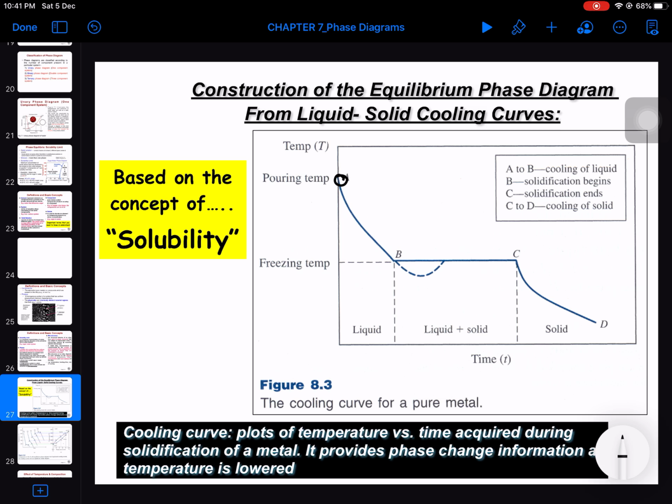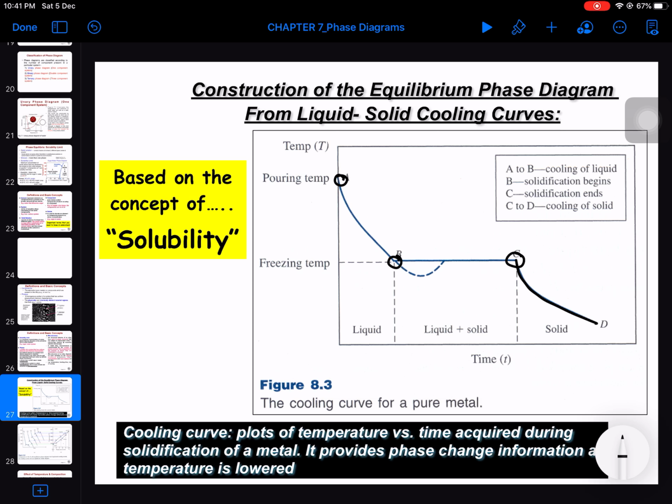The temperature will decline until it gets to point B, where it is in a liquid plus solid transition phase. At this point the temperature remains constant until all the liquid has solidified into solid. Then the temperature decreases again as the solid cools down to room temperature.